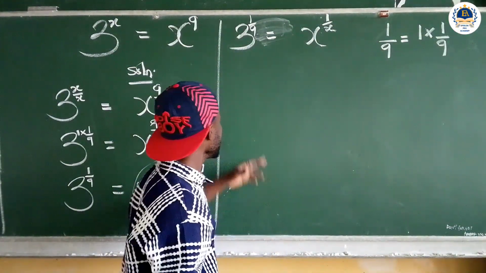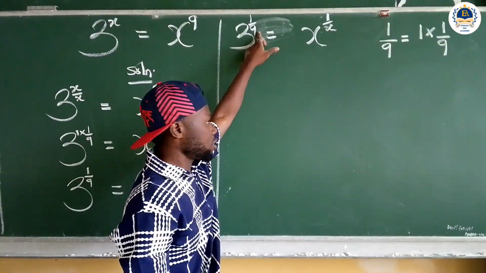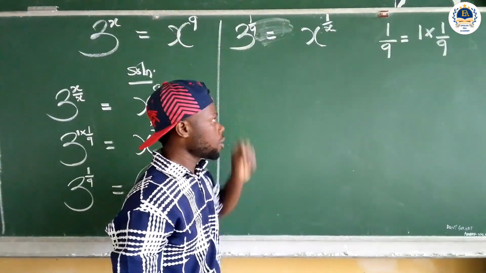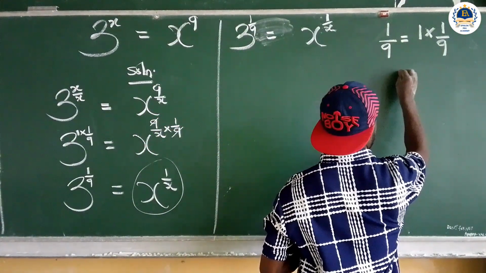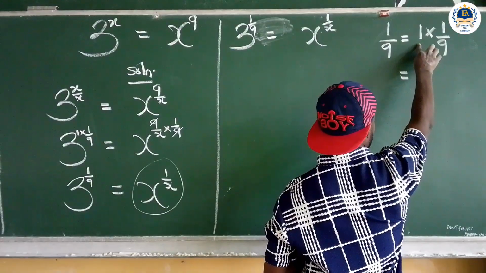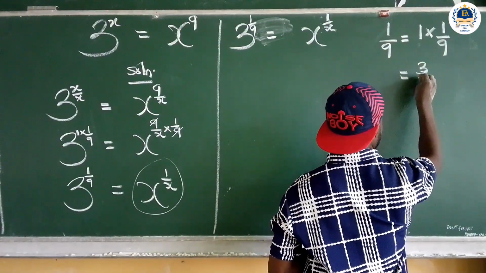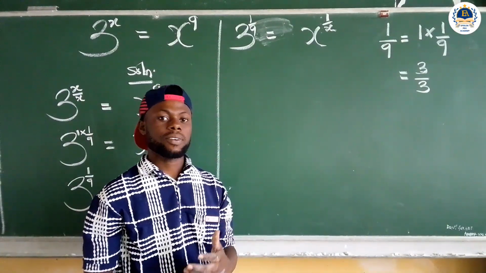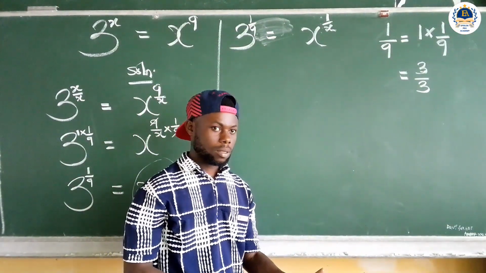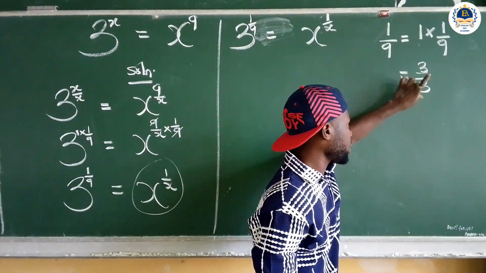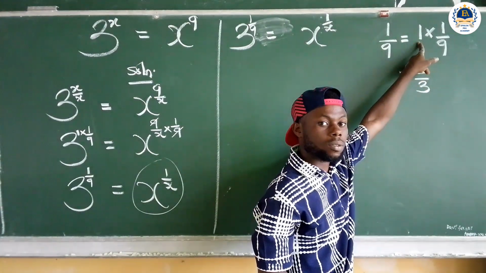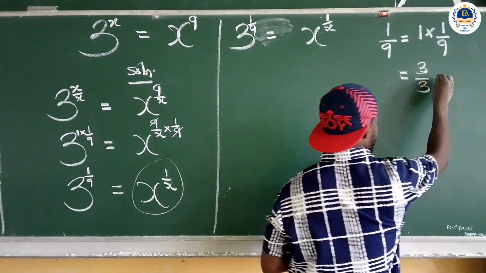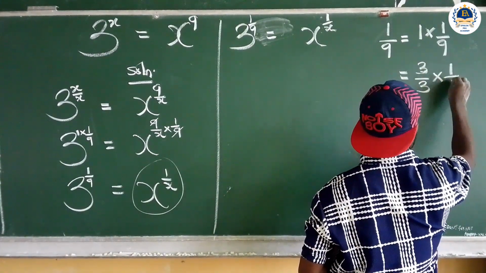Because we want this and this to be the same, we can simply say that let this one represent 3 divided by 3. Because 3 divided by 3 is 1, we can use 3 over 3 in place of 1. Then times 1 over 9.